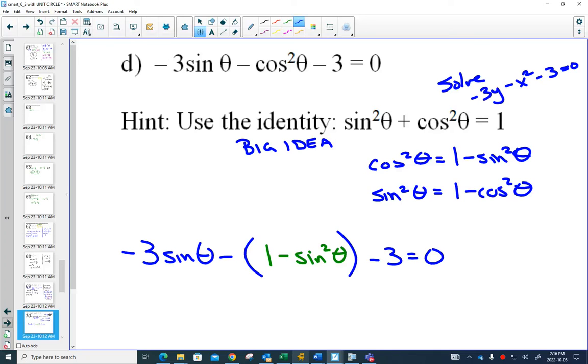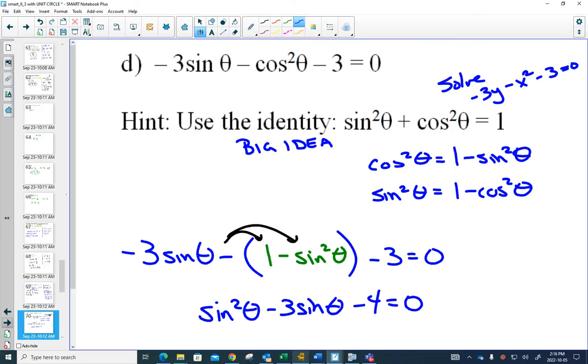I put it in brackets because you were subtracting a cos squared. So now you'd have to subtract all of this, which means that this negative would get distributed to both of those. And if it did, can you see that you would get a positive sine squared? You still have a minus 3 sine theta. And then you have a minus 1 minus 3, which would give you minus 4.